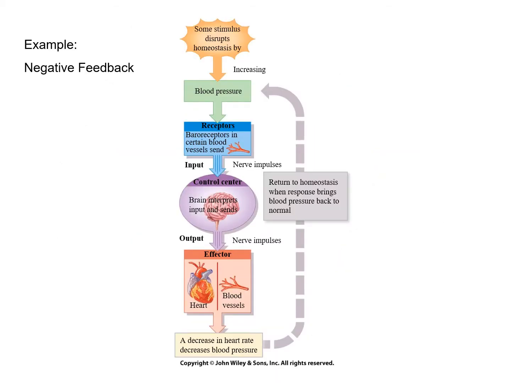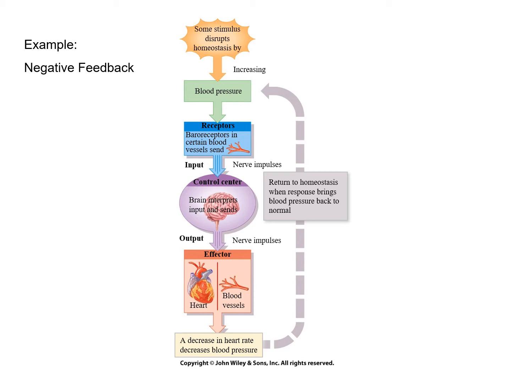To illustrate a negative feedback process, let's use an increase in blood pressure as an example. So some process is going to cause an increase in our blood pressure. We have receptors in some of our blood vessels called baroreceptors. They sense blood pressure and they will send a nerve signal to our brain. Our brain is the control center that interprets that change and will send out a signal to the effectors telling them to counteract that change.